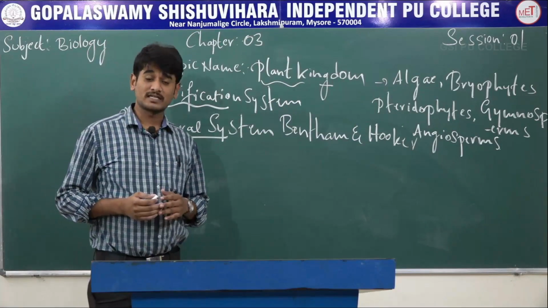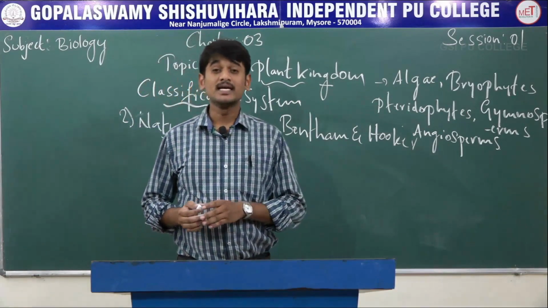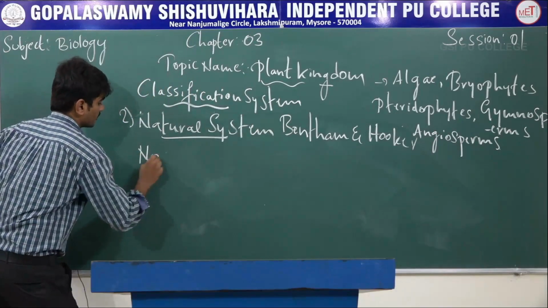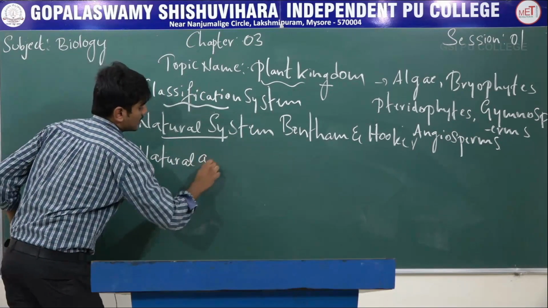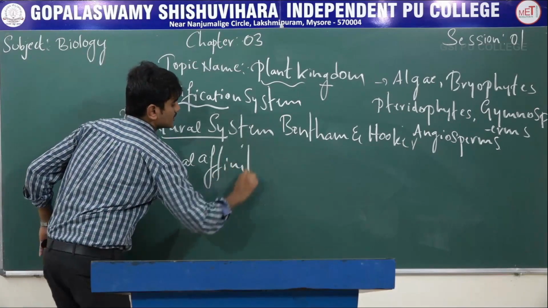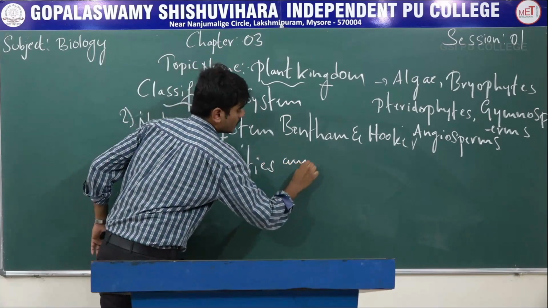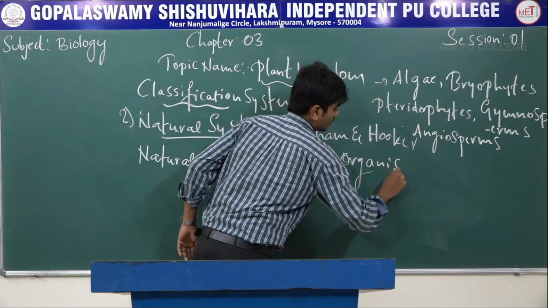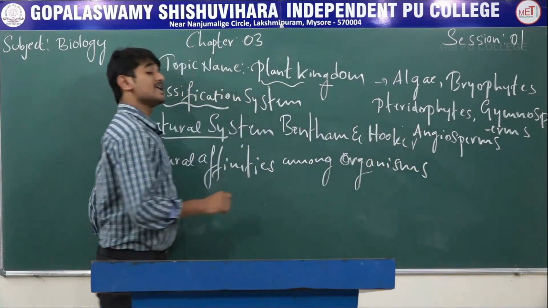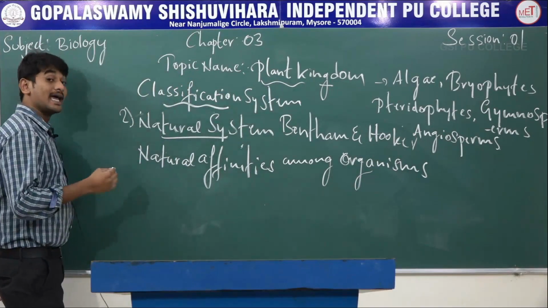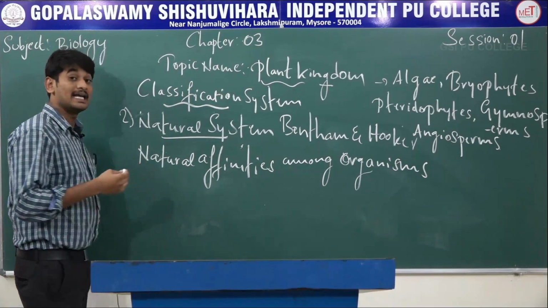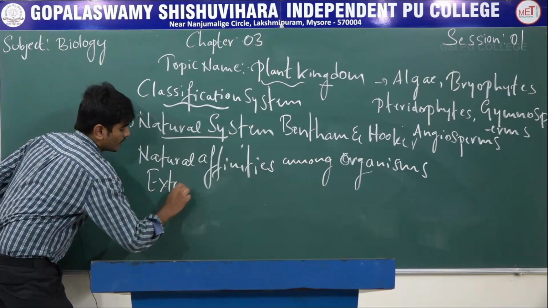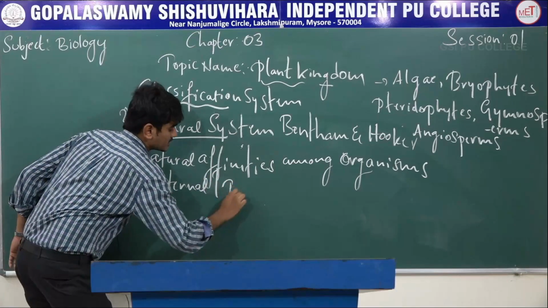The natural system of classification is mainly based on natural affinities among various organisms, and they include both external, which means outside, and internal, which means inside, features.